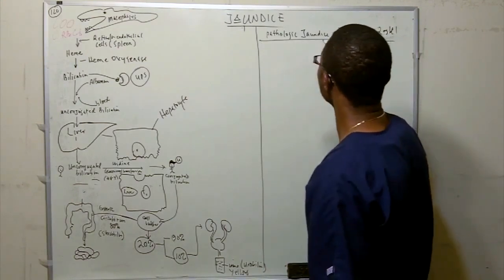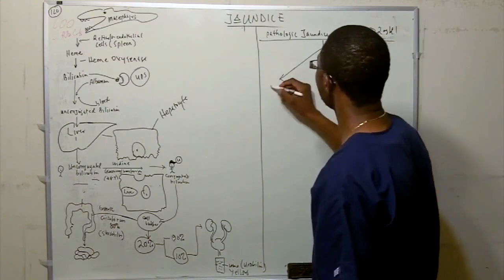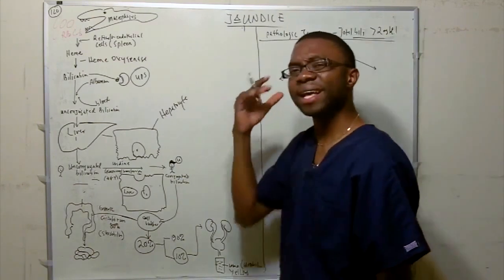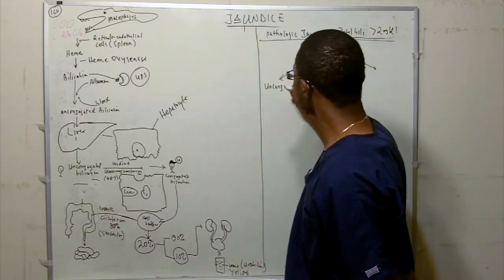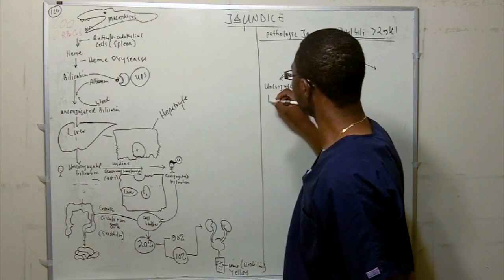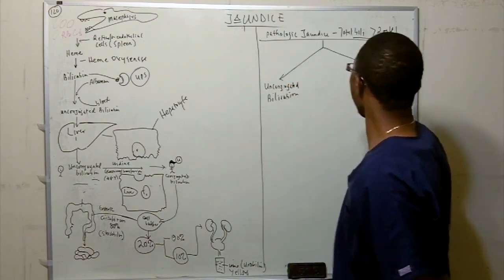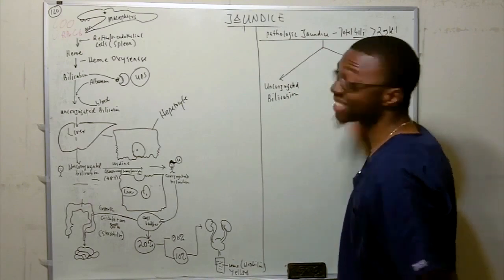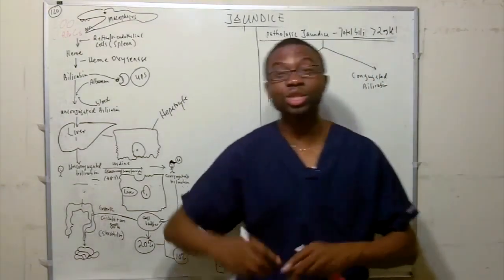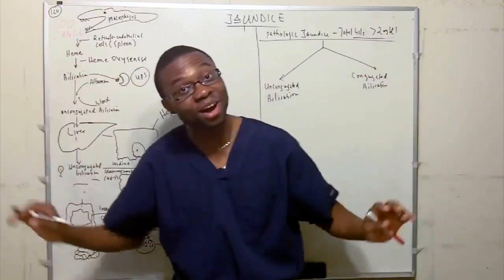In order to understand jaundice, we need to know: do you have unconjugated bilirubin or conjugated bilirubin? Because this is very important. Once you know it, you have to split your brain into 2. You have to know where it's coming from.